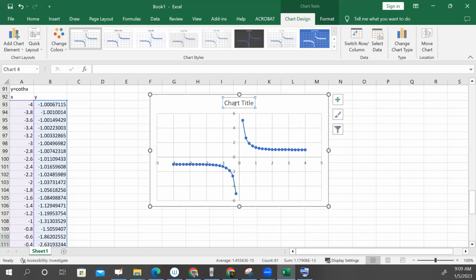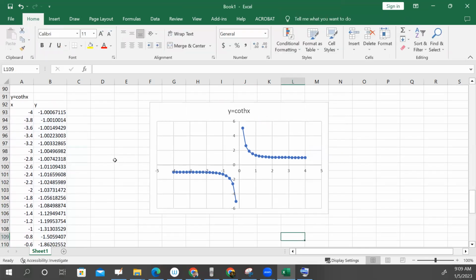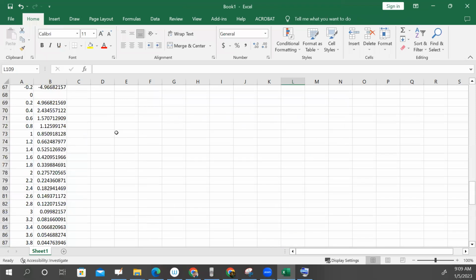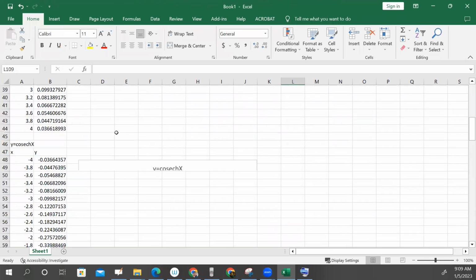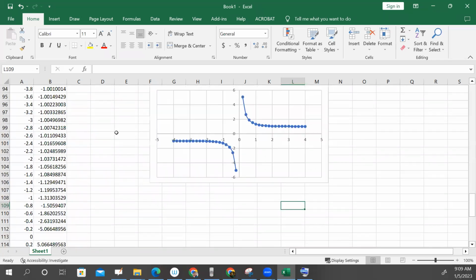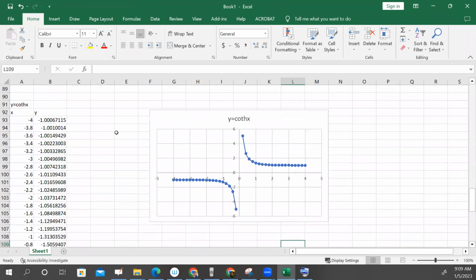Right, guys? So this is y equal cos x. So actually you can see I did the 3 graphs, cosh x and sech x and coth x. So basically you could even do the simulation.